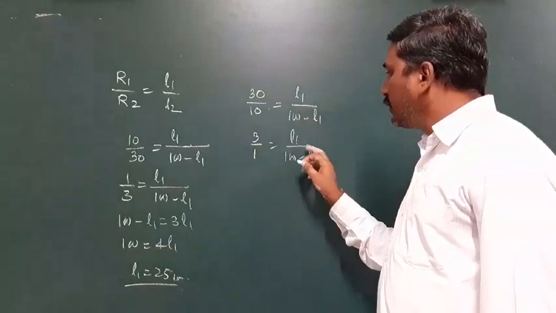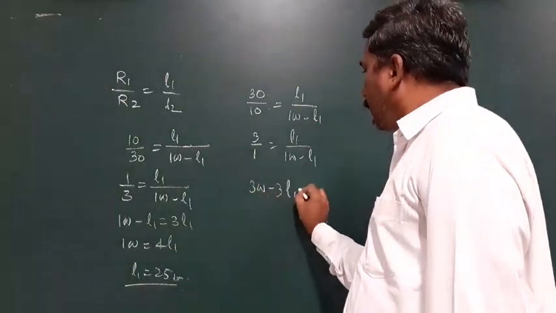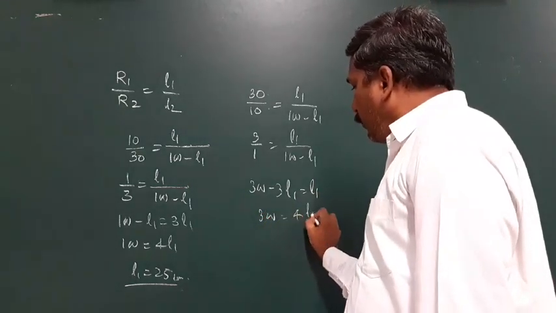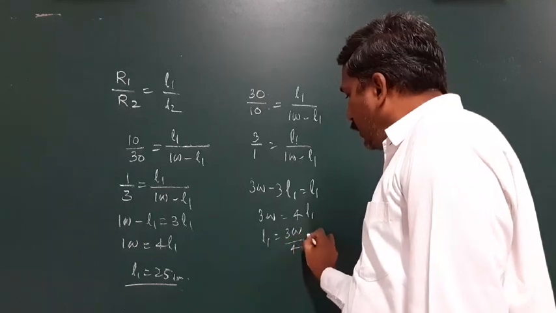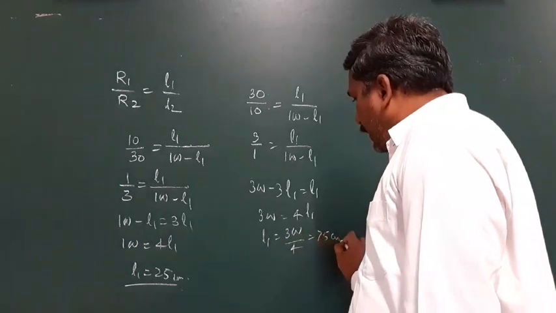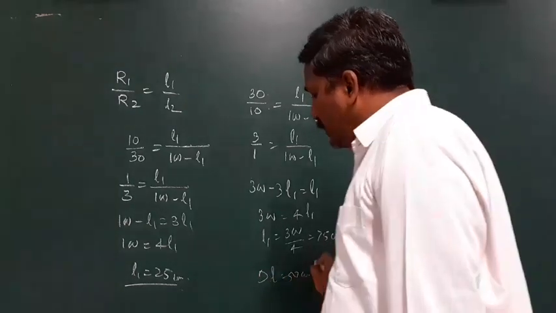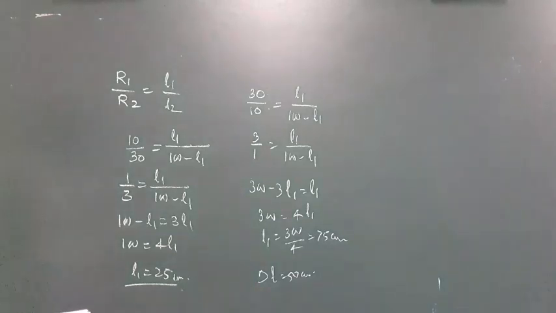Solving this, 300 minus 3L1 equals L1, so 300 equals 4L1, so L1 equals 300 divided by 4, which is 75 centimeter. So the change in length, the shift, is 50 centimeter.